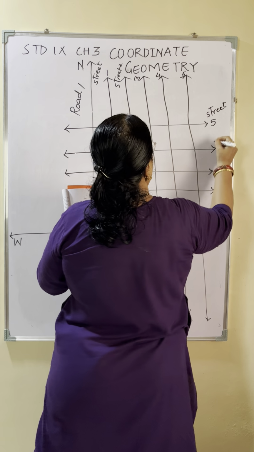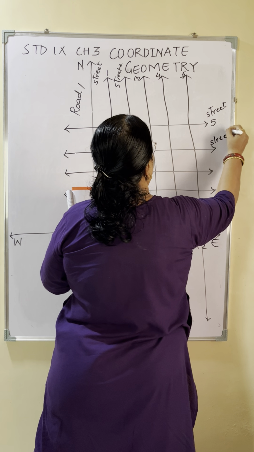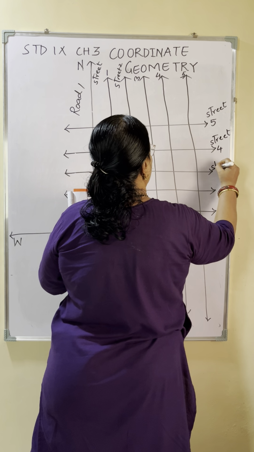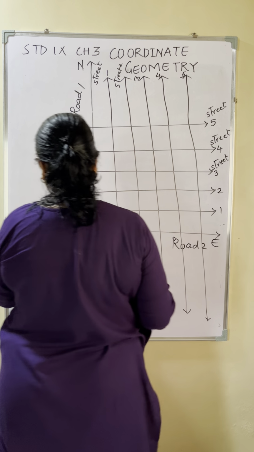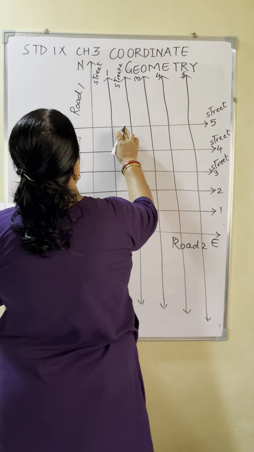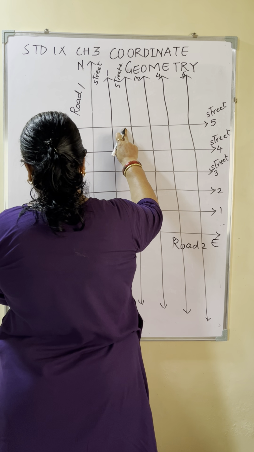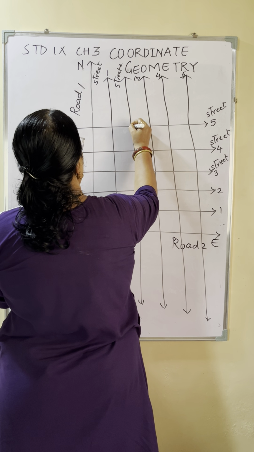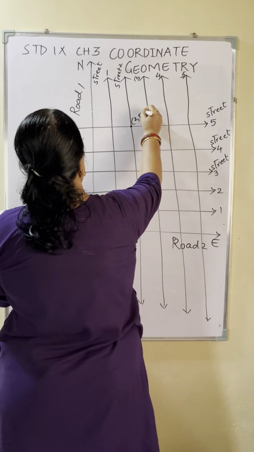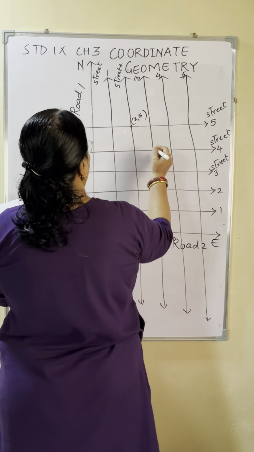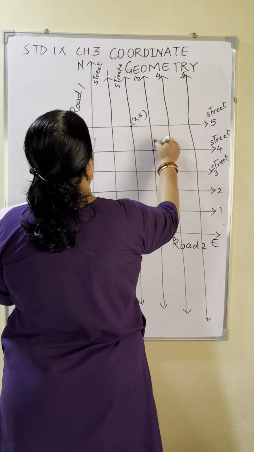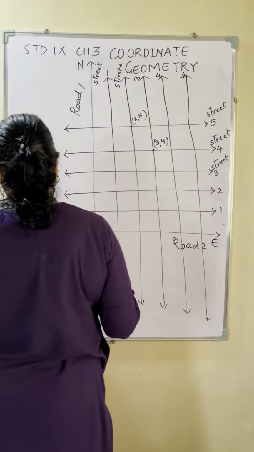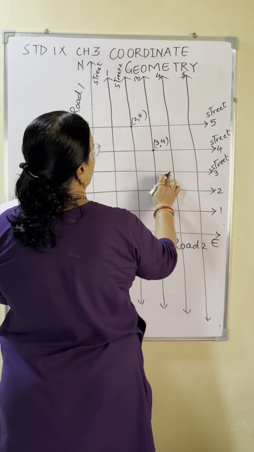Straight 5, straight 4, straight 3, 2 or 1. Now street 2 is meeting at 2, 5. Okay? Then this will be 3, 4. This 3 and this 4. After that 4, 3.